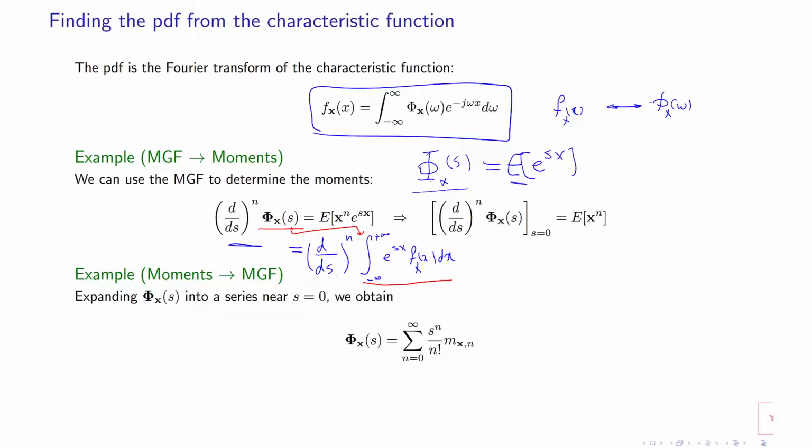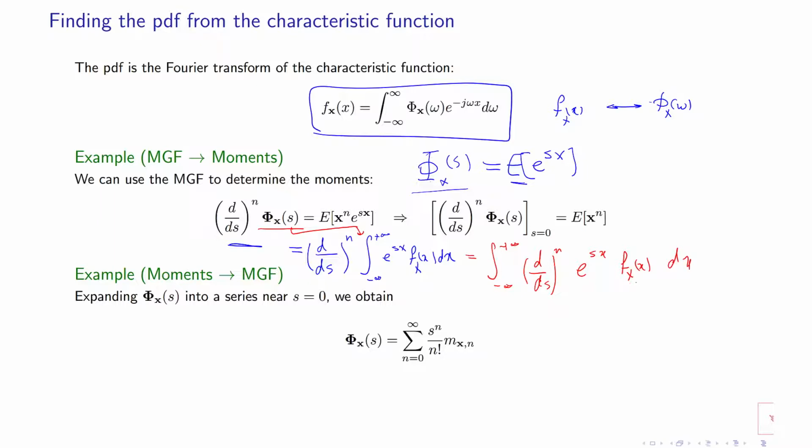If I apply this differentiation n times, the integration is a linear operation and each differentiation is a linear operator, so I could change the order of integral and differentiation. This differentiation could go inside the integral. So I have the integral from minus infinity to plus infinity of d to ds n times e to the power of sx fx of x dx.